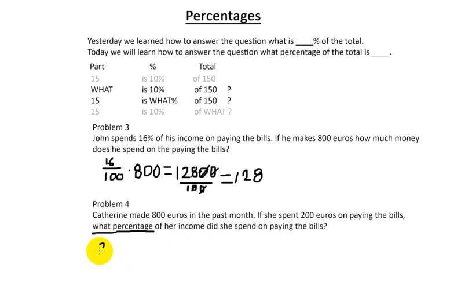So in this case, I need to divide the part, 200, by the total, so 800, and multiply what I find by 100. 200 divided by 800 makes 0.25.